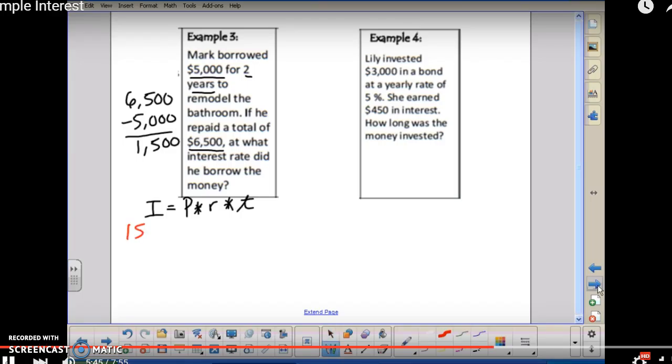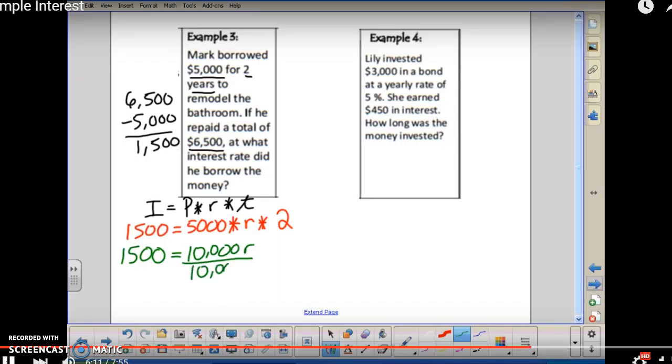So then we'll fill in the equation. 1,500 equals 5,000 times R times 2. So we don't know the rate. So then we will simplify the one side of the equation and do 5,000 times 2, which is 10,000. So we're going to get 1,500 equals 10,000 times R. Divide both sides by 10,000 using our inverse operations.